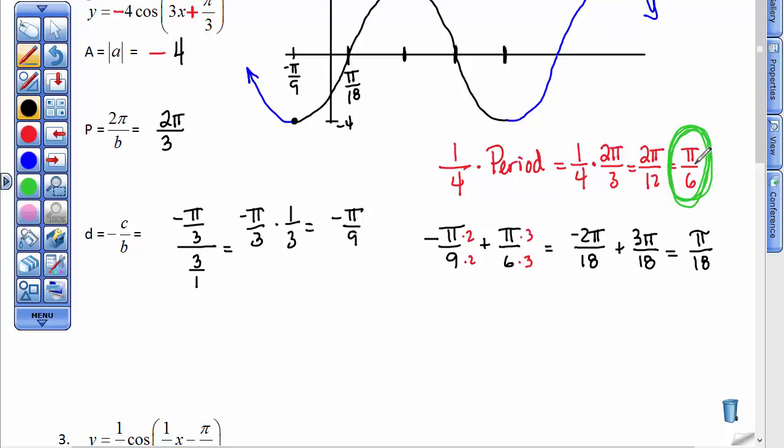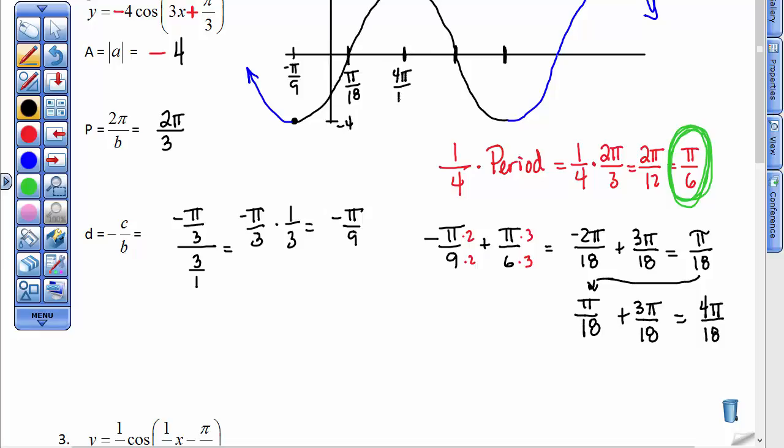The period was pi over 6, but we called it 3 pi over 18. So at this pi over 18 where I just ended, I have to add 3 pi over 18 to it again to get to the next stop, 4 pi over 18 right here.